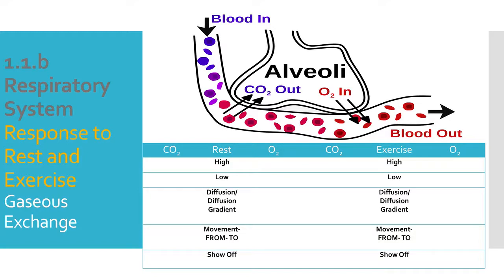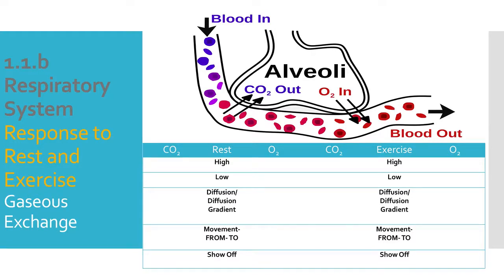Okay. O2 then, at rest. O2 is high in the alveoli. We've inspired it. It is low inside the capillaries. But why? Well, the red blood cells, remember, have unloaded that inside the muscles for respiration. Diffusion, keep repeating the same sentence. Diffusion, the movement of particles from an area of high pressure to low pressure. There's almost always a mark for a diffusion definition in a gaseous exchange question.